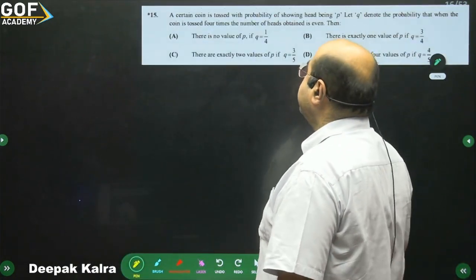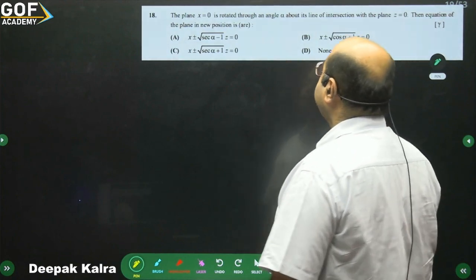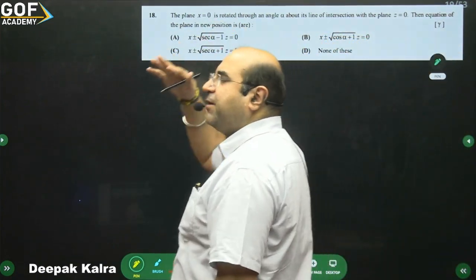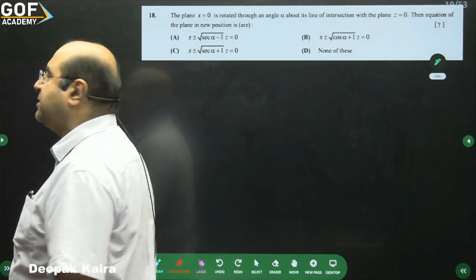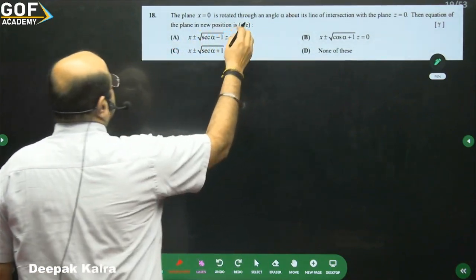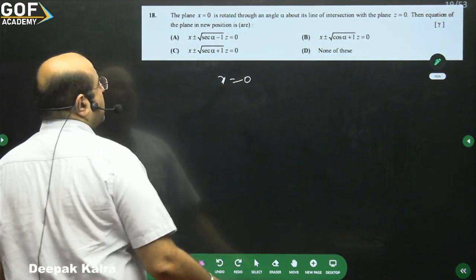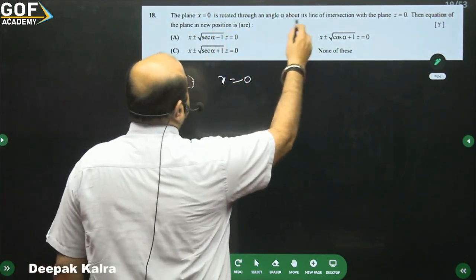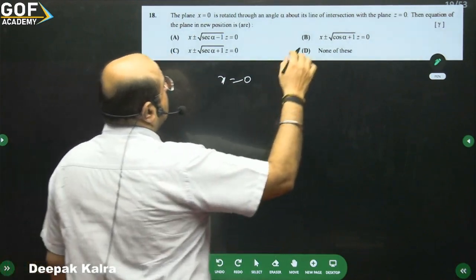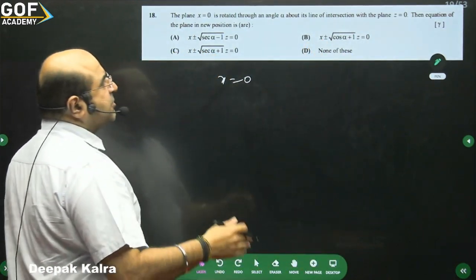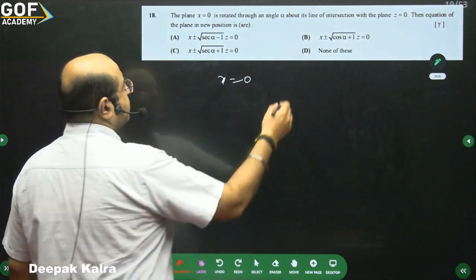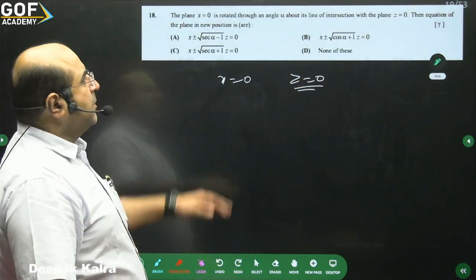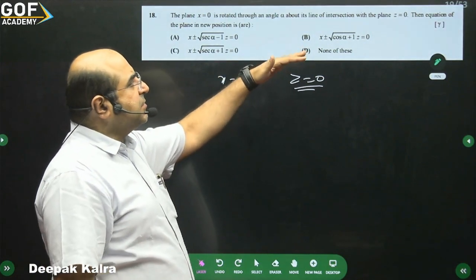Eighteenth. Yeah, the plane x equal to 0. Such kind of question we did earlier also, in an earlier session. Plane x equal to 0 is your YZ plane, right? Rotated by an angle of alpha about its line of intersection with the plane z equal to 0.